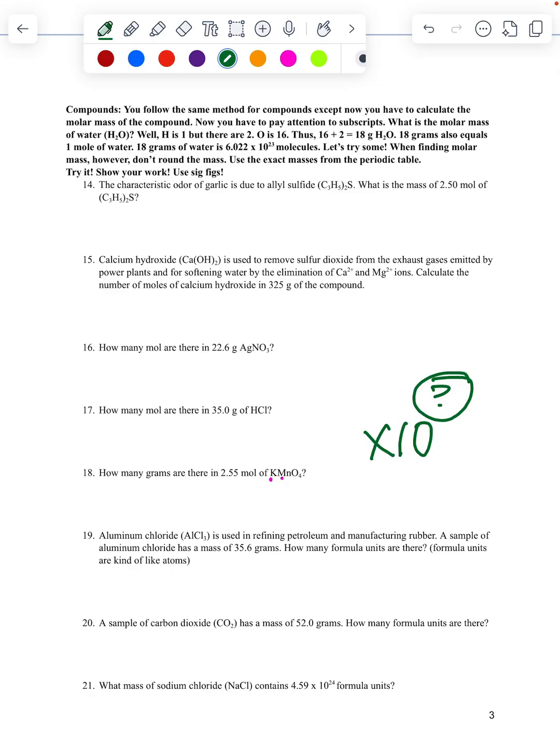Ask me, ask a para, ask somebody who understands how to do this. Other things I'm looking for in your work. Did you write down what you were given? Dot line. Do you have labels? Guys, I cannot help you. I can't help you on a test if you don't show me labels. All right. So yeah, I'm being kind of particular, but I know where we're going and I know what you need to be able to do.